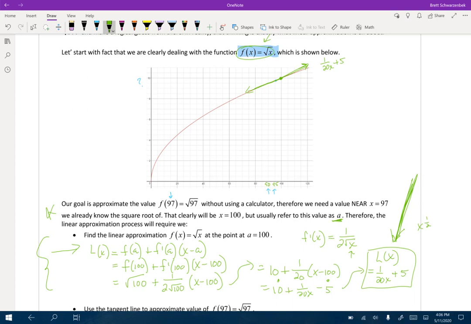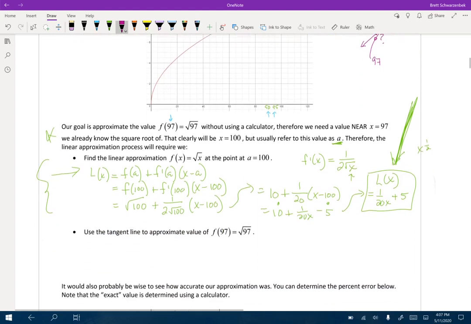So even though this line looks like it's right on top of the other line, it really isn't. It's going to be more like this, where we need to plug 97 into our tangent line in order to make a guess about what it is on the actual curve. This would be a poor example because it's far away, but look how close the tangent line and the curve are to one another over here.